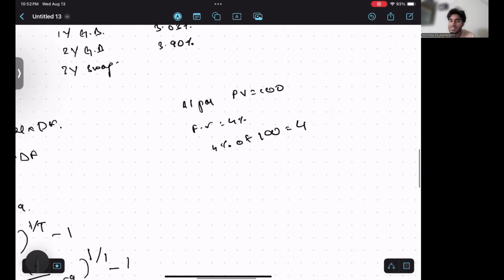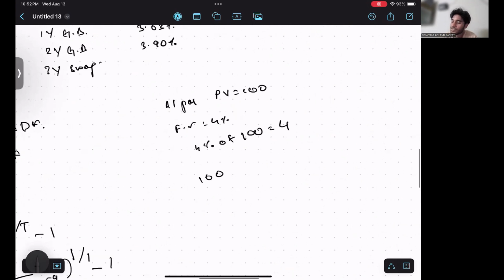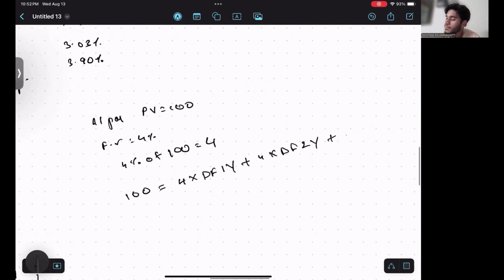So from this, we can write 100 should be equal to 4 times DF of 1 year plus 4 times DF of 2 years plus 104 times DF of 3 years.